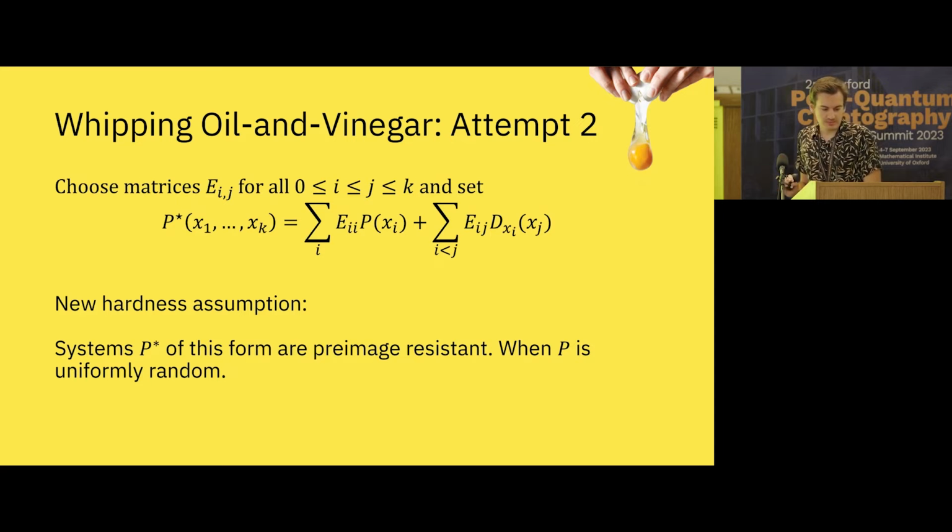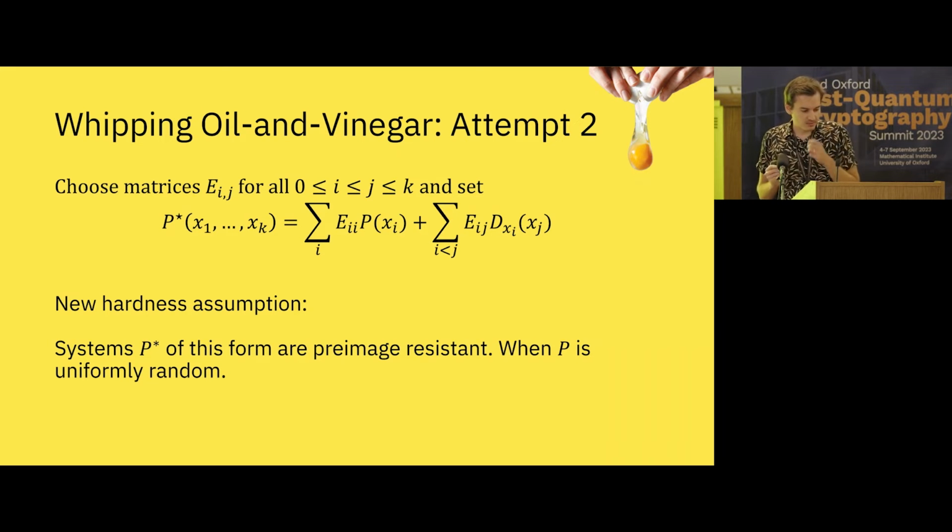One problem is that when you add the same system to itself, that introduces a weakness. We solve this by adding these E matrices. E stands for emulsifier, or egg, because it prevents your map from collapsing, basically. I don't think you can see the pointer, but we add these E matrices.